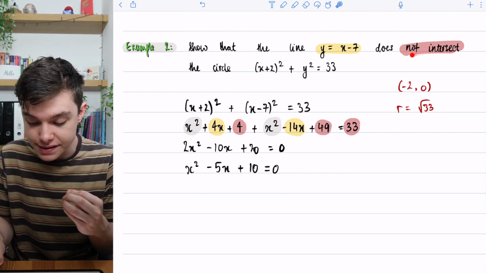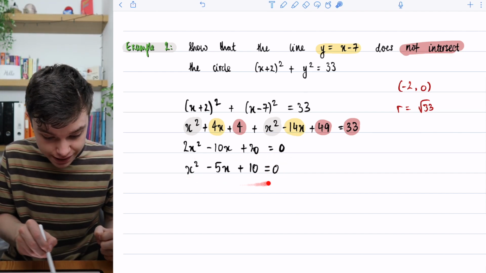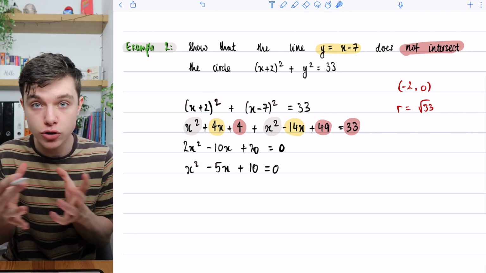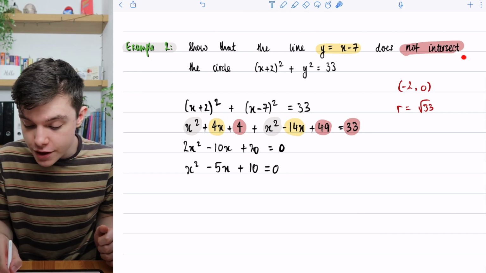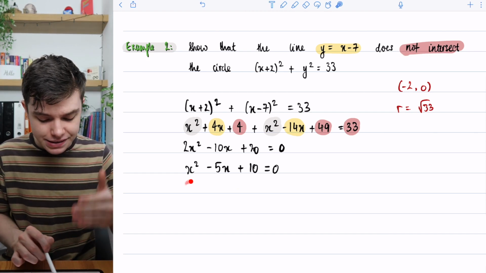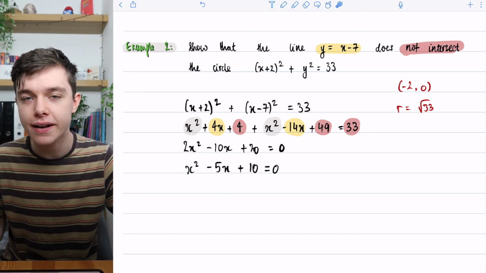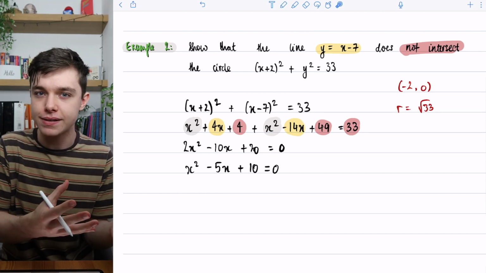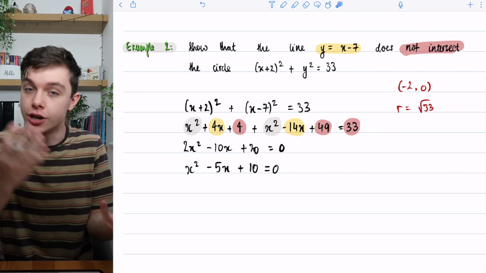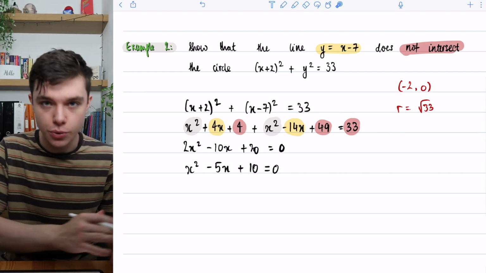This is the quadratic of the intersection point because we've done a substitution. There's no intersection point, so there has to be no solutions to this quadratic, because it doesn't make sense for there to be solutions if there's no intersection.